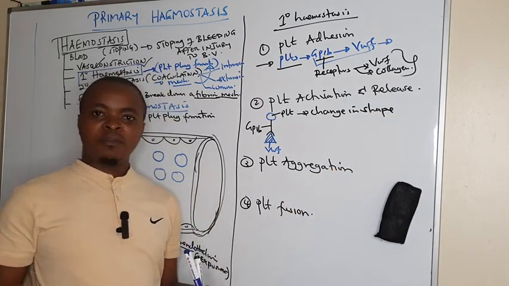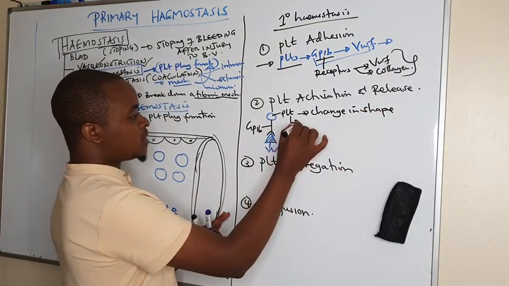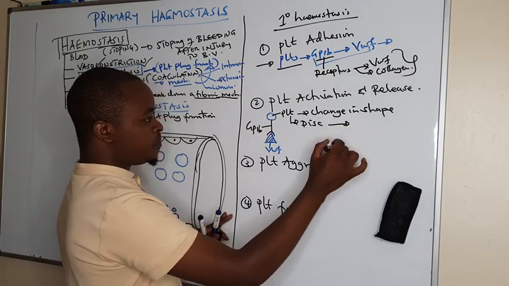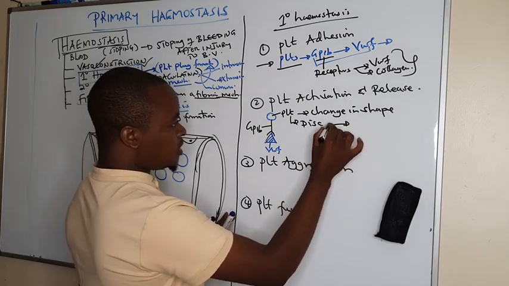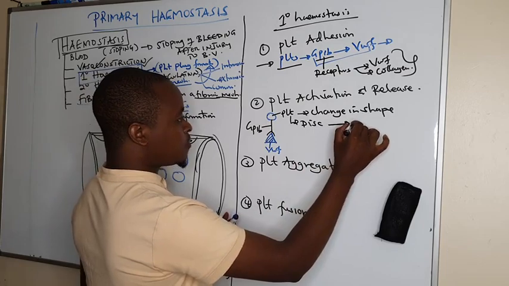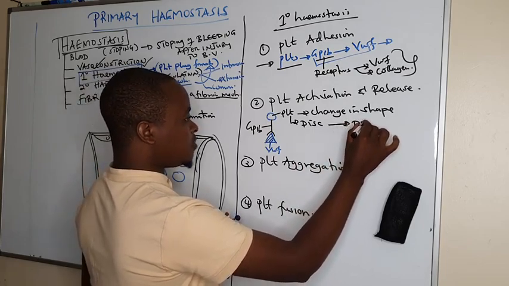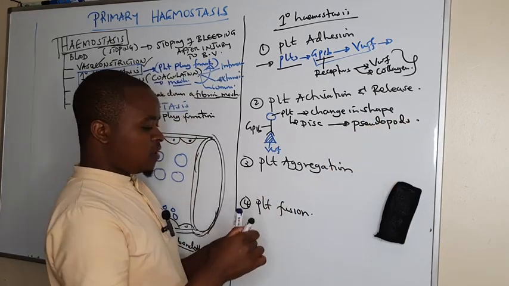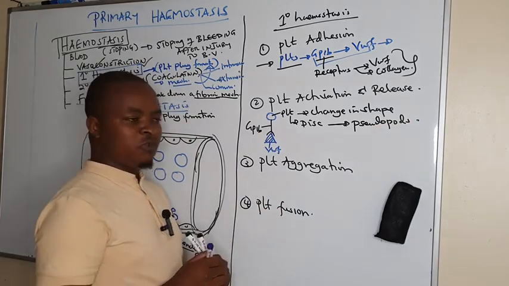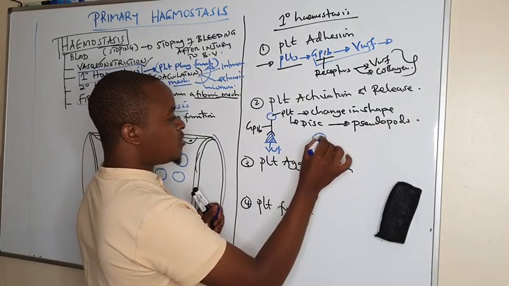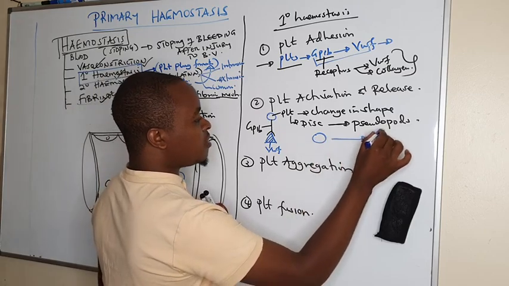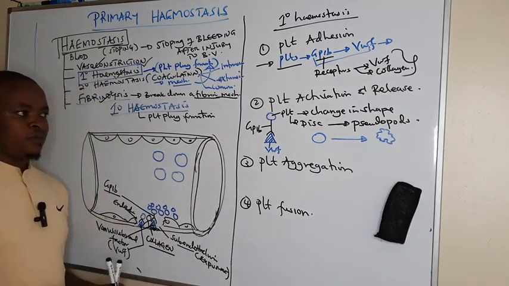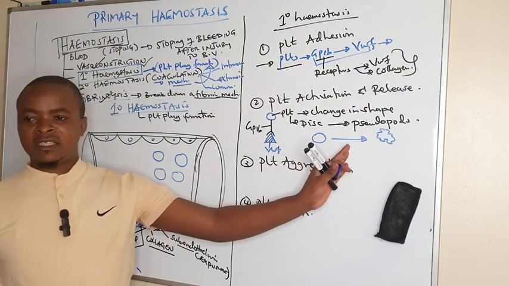We know that the normal shape of platelets is disc-like, but they change their shape to form a pseudopod-like shape. The platelet which is attaching to the von Willebrand factor, which was discoid in shape, changes to an amoeboid shape, or what we are calling pseudopods. And this is what we call platelet activation.